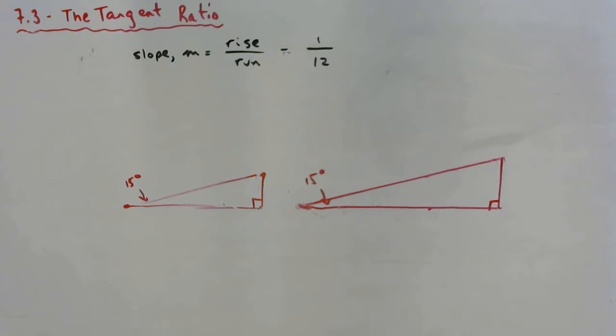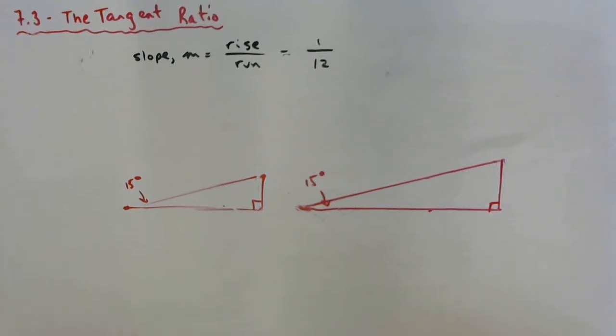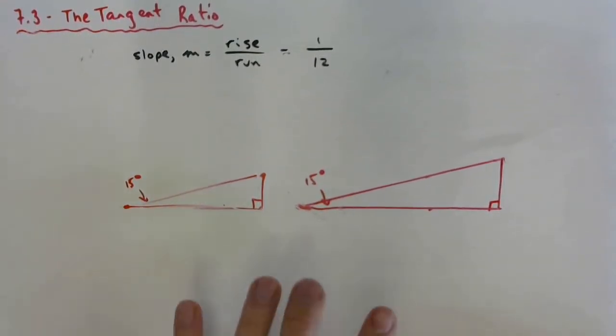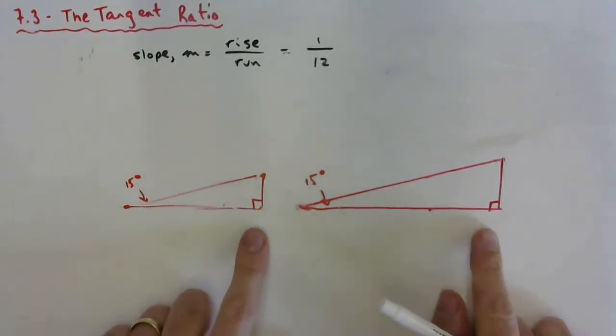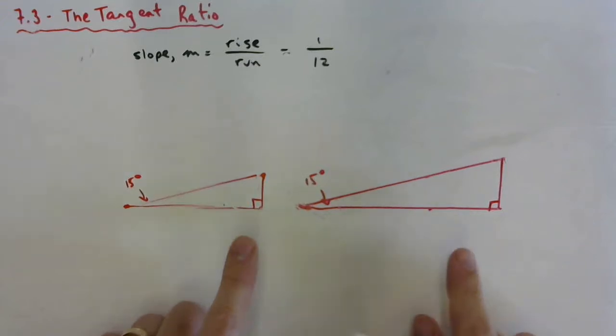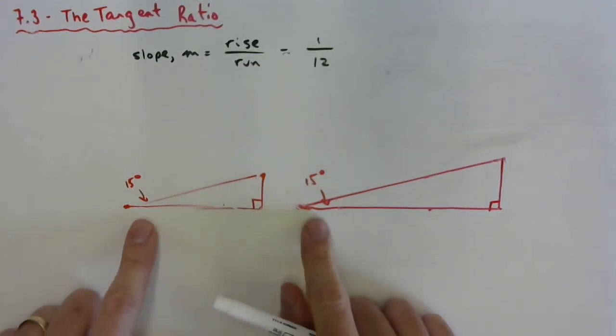Now, what we're diving into, so we've already talked about ratios within triangles and similar triangles. Now, I have similar triangles, okay? I have a right angle triangle in both cases, and I know that the slope angle is 15 degrees in both cases. So I have similar triangles, okay?